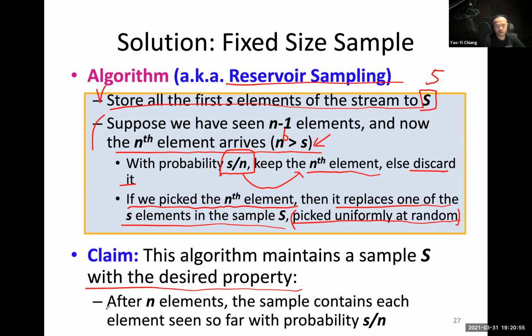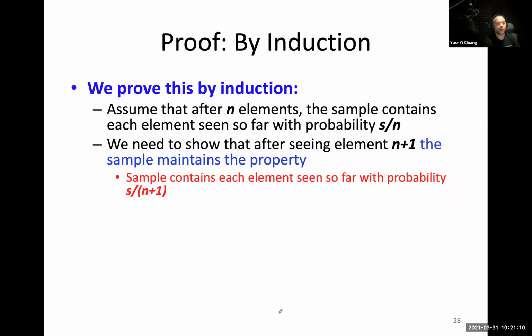After n elements, the sample contains each element seen so far with the probability of s over n to be selected into the sample. Okay, so how do we prove this? We can prove this by induction. Assume that after n elements, the sample contains each element seen so far with the probability s over n.